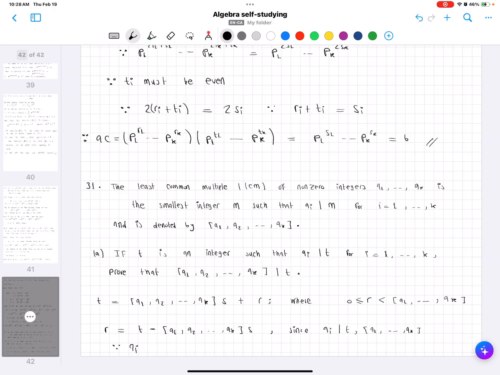But r is less than the least common multiple, so in particular r must be 0, because by construction it is the least one where all of the ai's are factors.